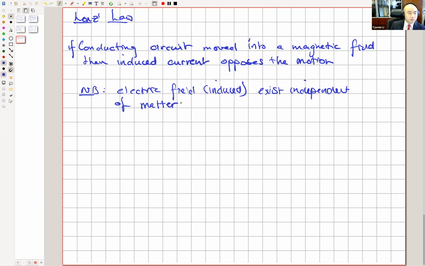So it's not because this circuit exists that the electric field exists, and that's really the change of tone and the focus that we've been trying to do in this course, and that is that the fields are the fundamental thing, or at least that's the starting point. The fields are the fundamental aspects.